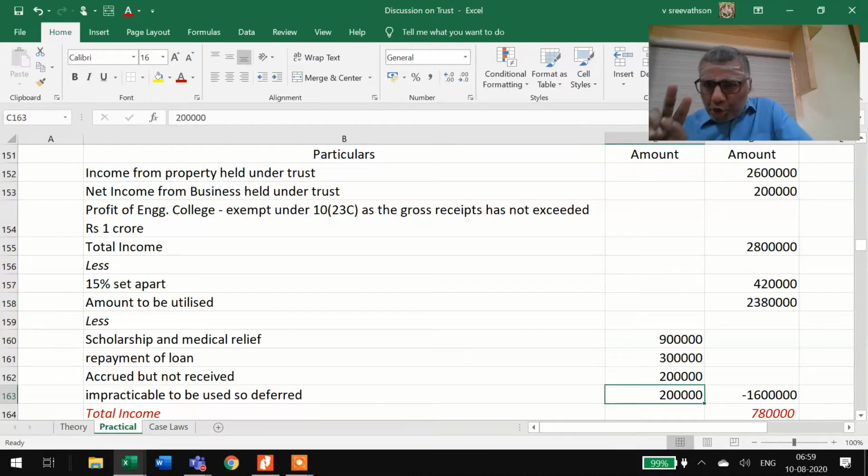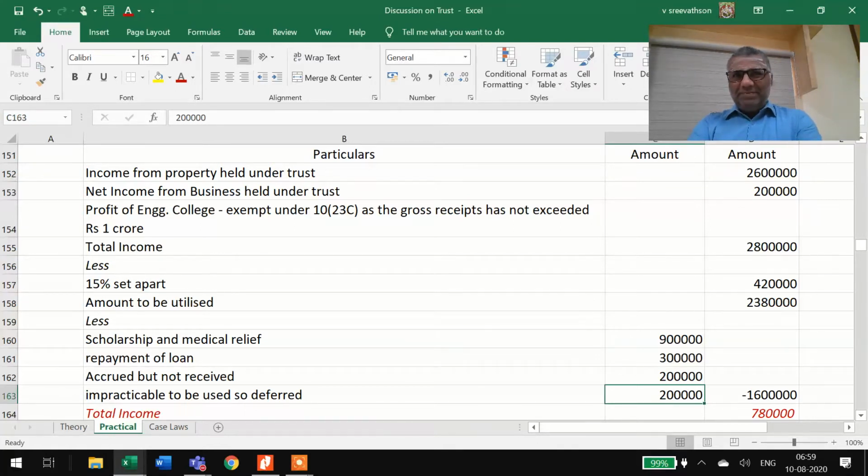Next year, you should use the entire 2 lakhs. Suppose next year you use only 1,50,000, I will take 50,000 as income. Will it not tantamount to claiming extra 15% benefits? Yes, sir.